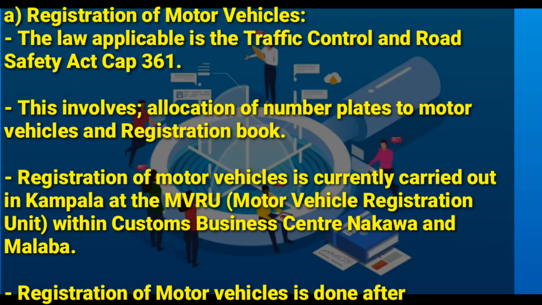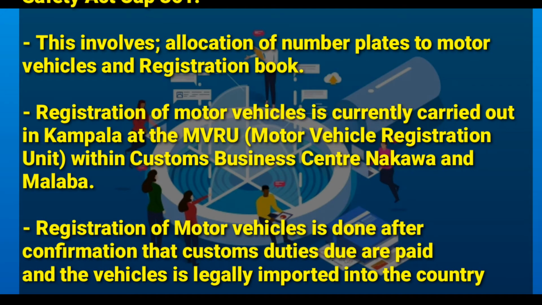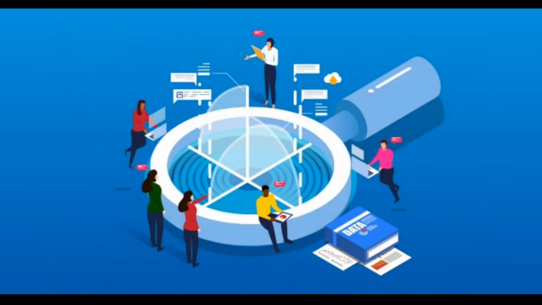The registration of motor vehicles in Uganda is currently carried out in Kampala at the Motor Vehicle Registration Unit within Customs Business Center, Nakawa and Malaba. The registration is done after confirmation that the customs duties are paid and the vehicle is legally imported into the country. So that is the first source of non-tax revenue, which is registration of motor vehicles.